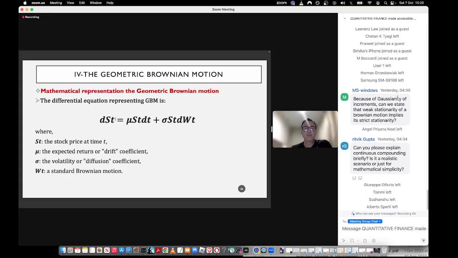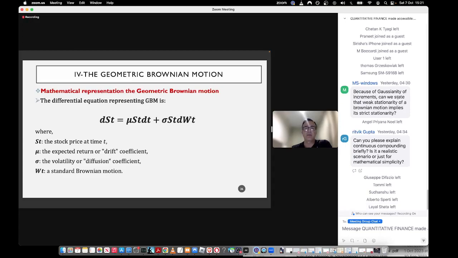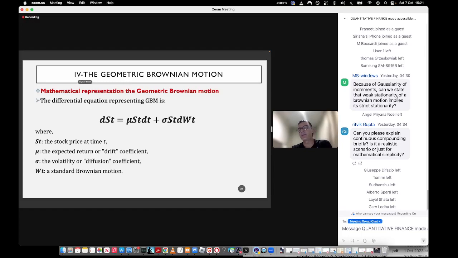A very small variation of your stock price is dependent on this drift term on a very small time scale, multiplied by the stock price, and here again the sigma, the volatility, multiplied by the stock price, and still this random component, the diffusion component, which makes it difficult, or impossible, to differentiate with ordinary calculus.